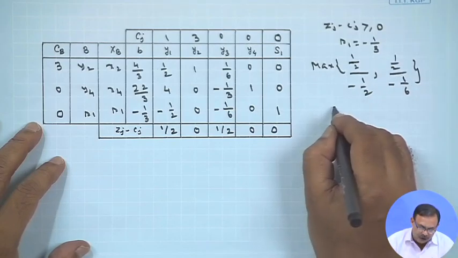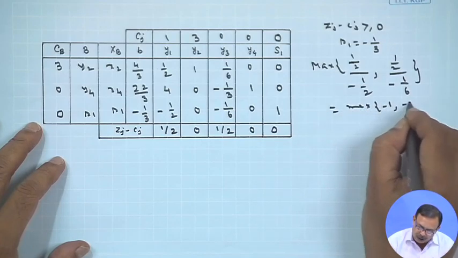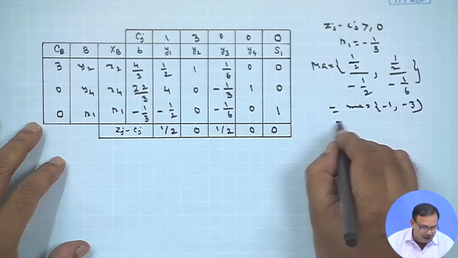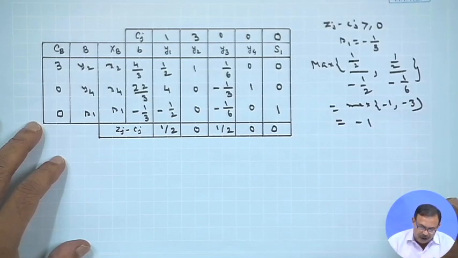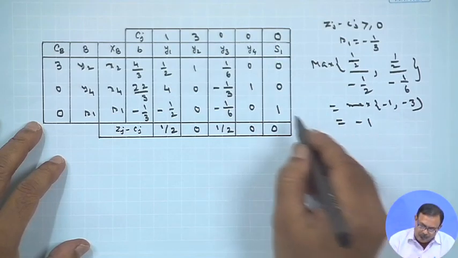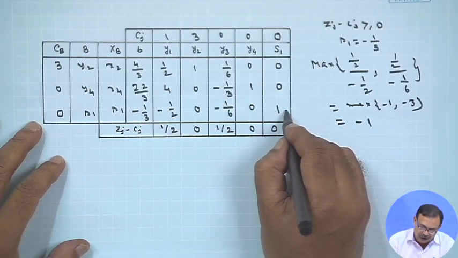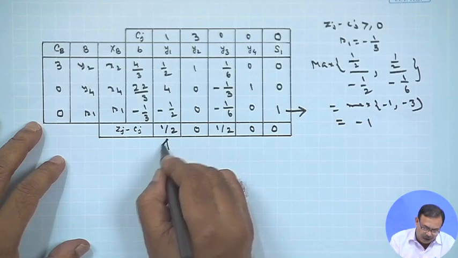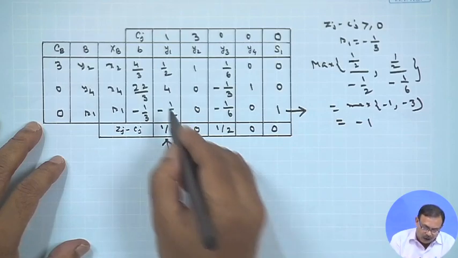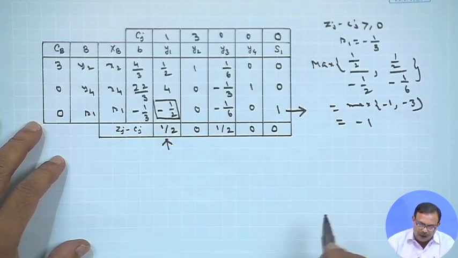If you do it, you will get maximum of minus 1, minus 3, and this is equals minus 1. So, therefore, without going into details, because we have discussed this earlier, this will be your departing vector and this will be your entering vector. That means this will be the pivot element.